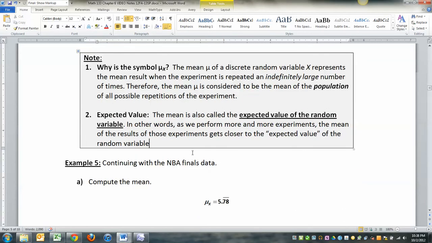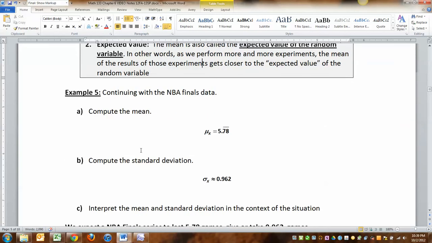In other words, as we perform more and more experiments, the mean of those results should get closer to that expected value of the random variable. That mean is that balance point. That's what you expect to happen in the long run, for that balance point to come out in the data, in the probability.